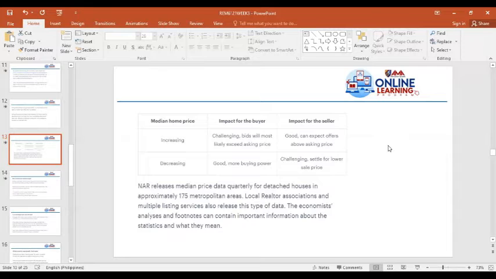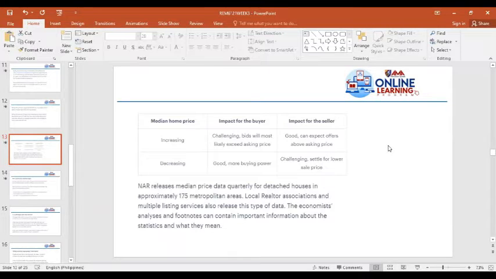So, dito mo makikita yung pagkakaiba. When the seller and the buyer look for the price, hindi nila ma-determine whether it is increased or decreased.